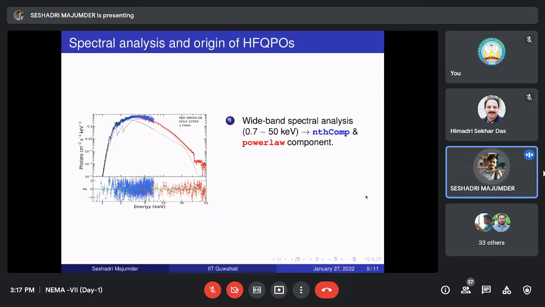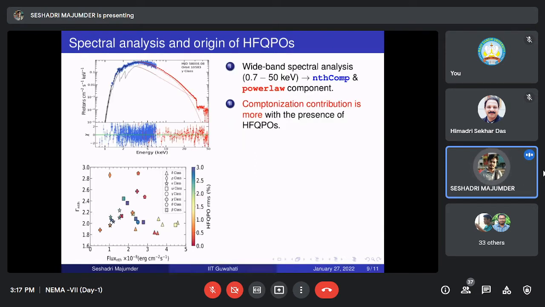Now, finally, to correlate these timing properties with the spectral properties of the source, we have obtained the wideband energy spectra in the 0.7 to 50 keV energy range, taking data from both SXT and LAXPC, and we have fitted the whole energy spectra with NTHCOMP and a power law component. In our analysis, we have a few observations in which we can detect the high frequency QPO feature, and a few in which the feature is not present.